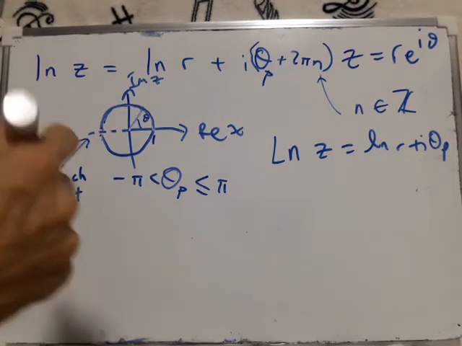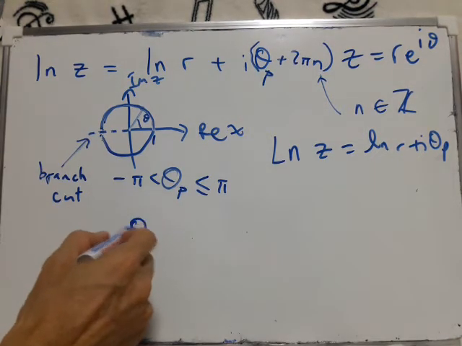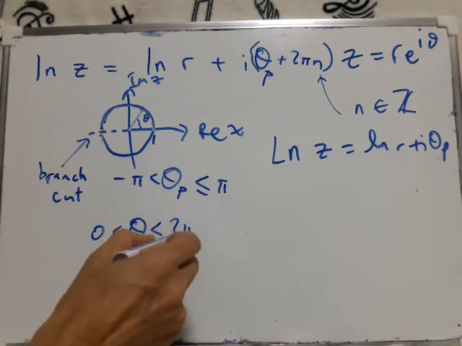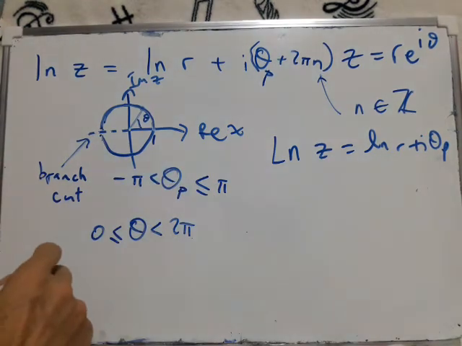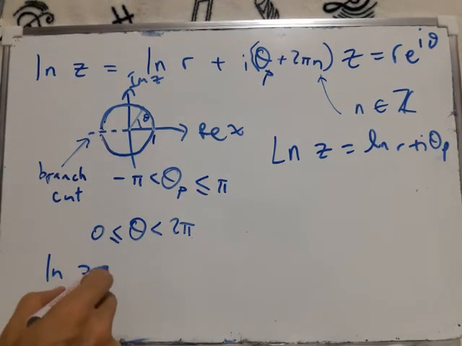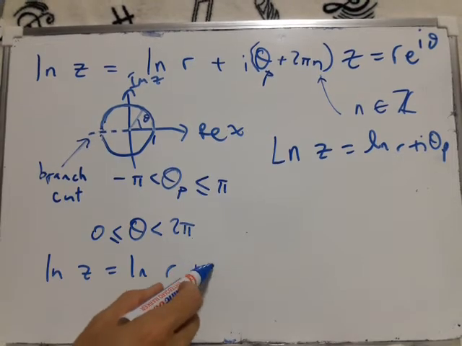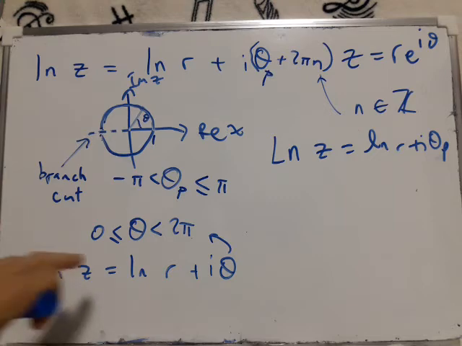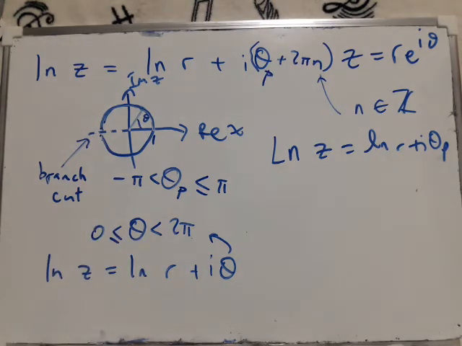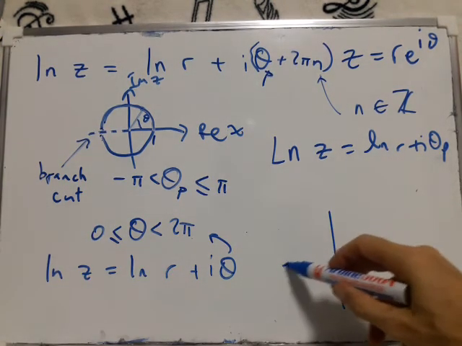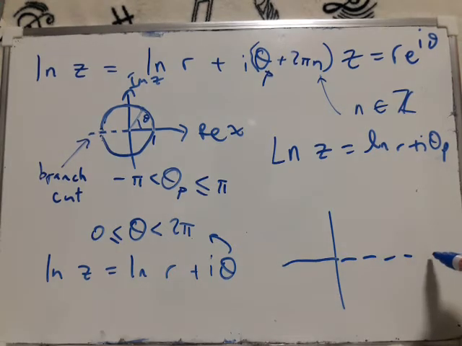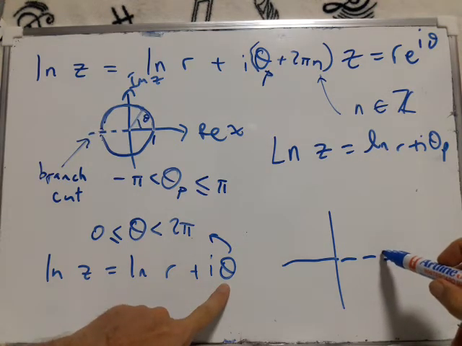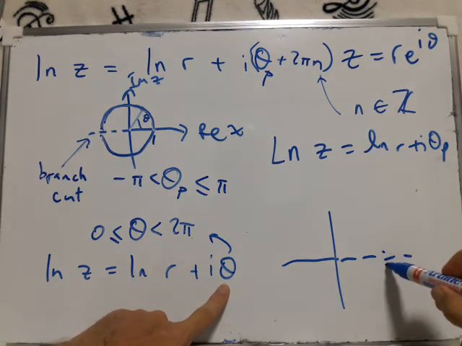So I could equally say, well, actually, I want my theta to vary between 0 and 2 pi, and that's allowed. So I can then say, the branch I'm interested in is log z equals log r plus i theta, where theta varies between 0 and 2 pi, in which case there'd now be a branch cut along theta equals 0, because log z will then have a sudden jump between these 2 points here.